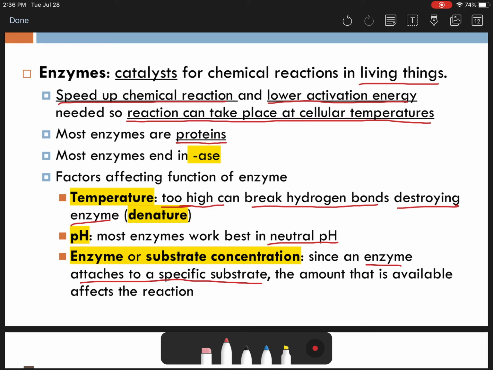If you kept adding more and more substrate, it wouldn't matter because all of the enzymes have already been taken. It's kind of like if you went to a dance and there were only so many dance partners there. Once they were all taken, it doesn't matter how many more people you add to the room to dance. They're all taken.